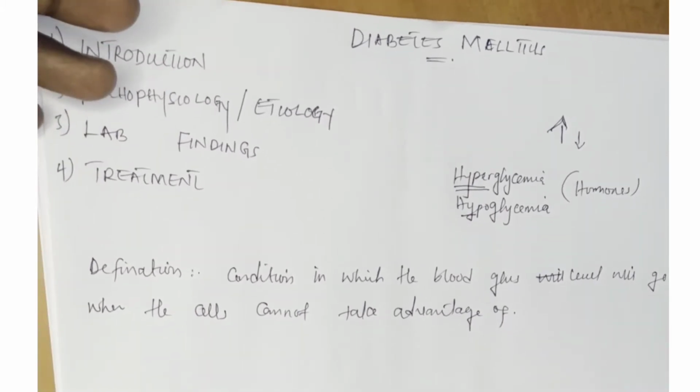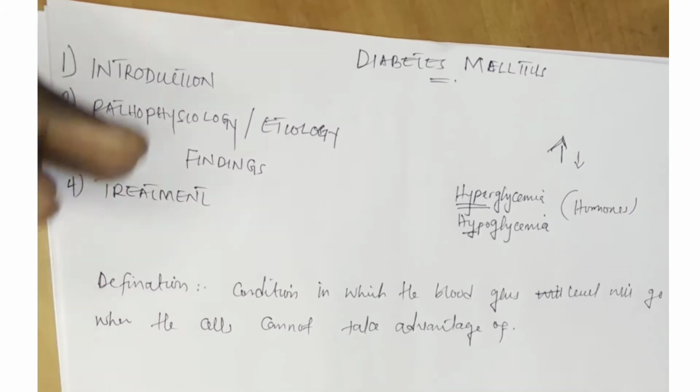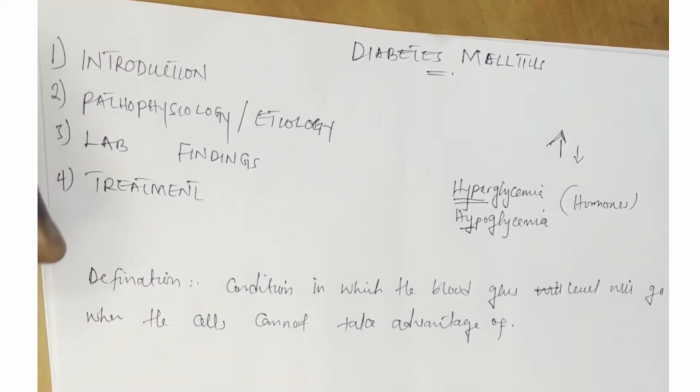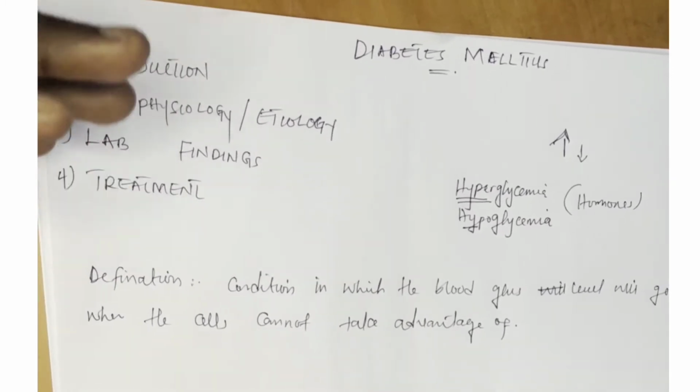According to this definition, it is a condition in which the blood glucose level goes high, where the body cells cannot take advantage of it. What does it mean?